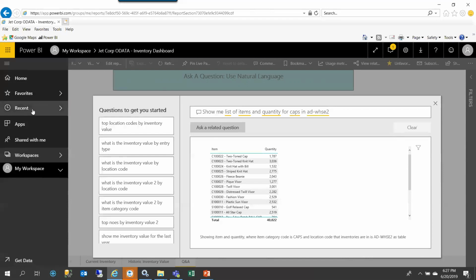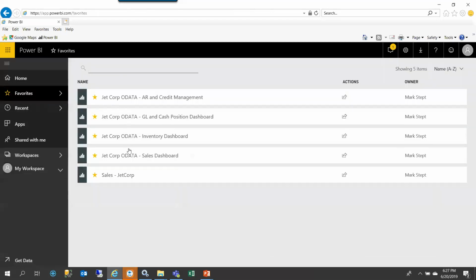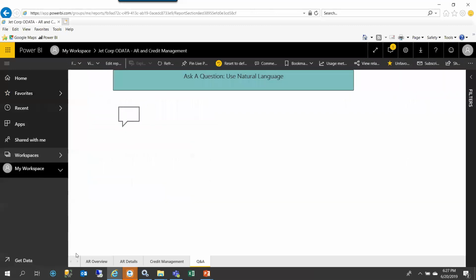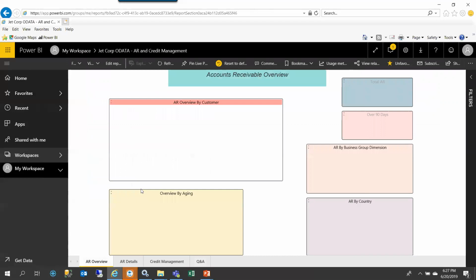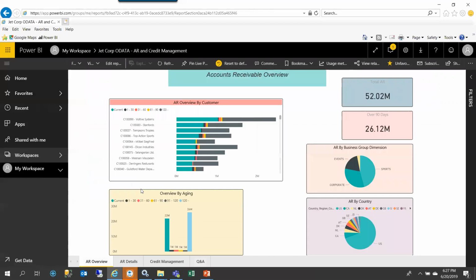Let's continue on and look at our next report, which will be the AR and credit management. This report has an overview and detail section of the report. On the overview, we now get a quick dashboard that our total outstanding accounts receivable is 52 million, and over 90 days is 26.12 million.